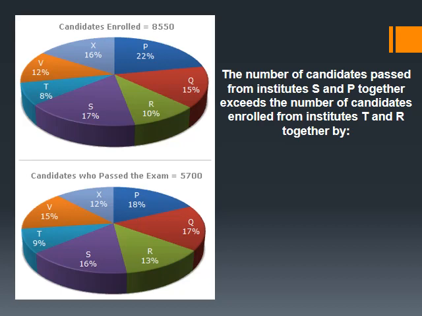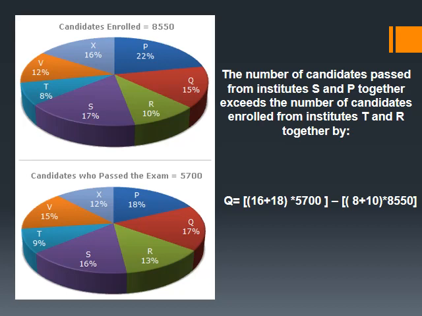That means pass, that is the second chart, bottom chart. We can see S is 16% and P is 18%. So we can add these two and find the number by multiplying this percentage by 5,700. And you find the difference.